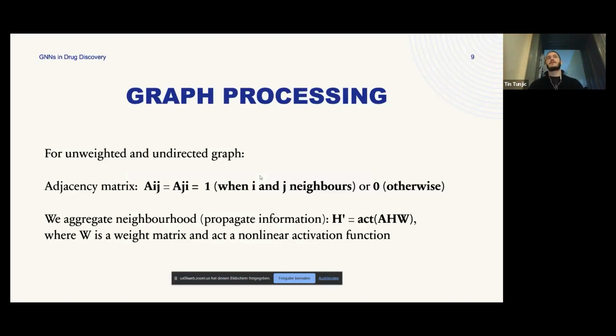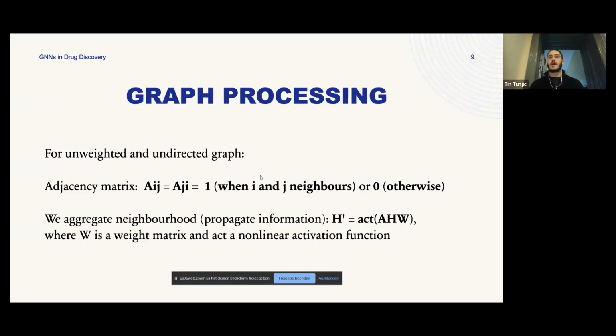Now I'm going to give you an example of how to do that and what we need to obtain that latent representation. I'm going to start with the easiest problem, an unweighted and undirected graph. There we have the adjacency matrix, which is 1 when i and j are neighbors and 0 otherwise. So if two nodes are connected, they share an edge, and you know there's a 1, and if they don't, there's a 0.